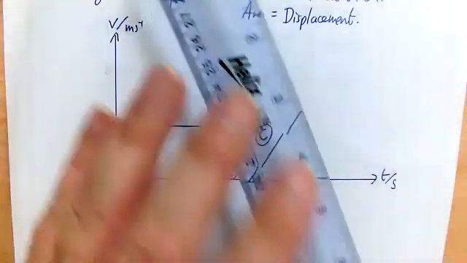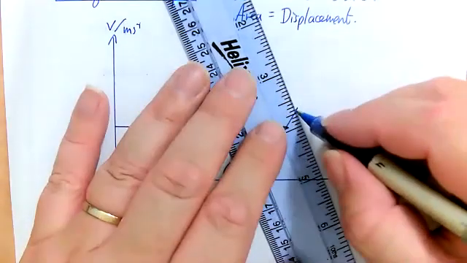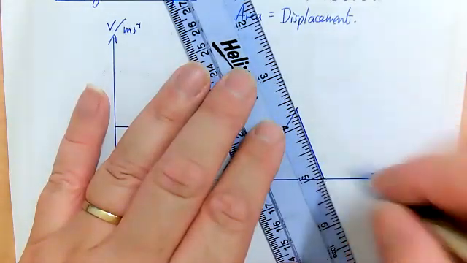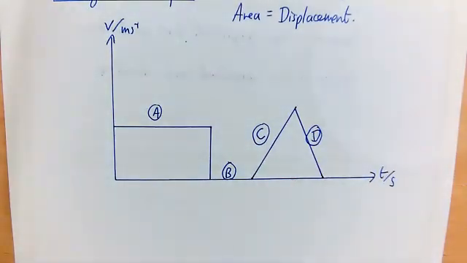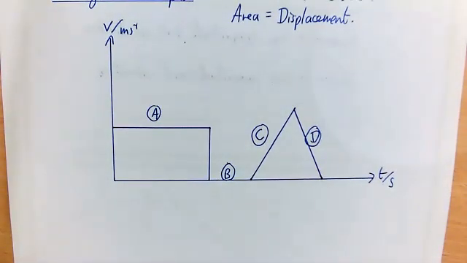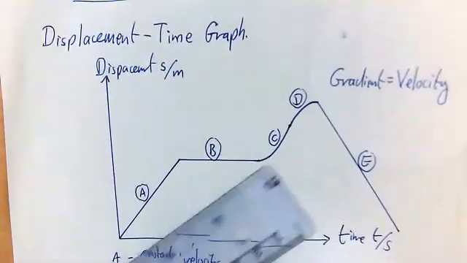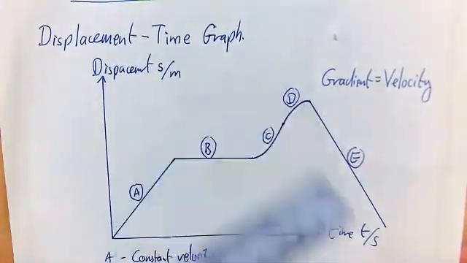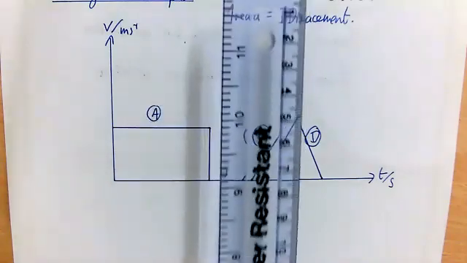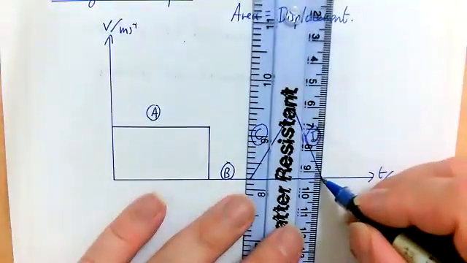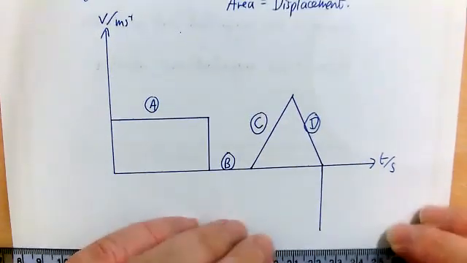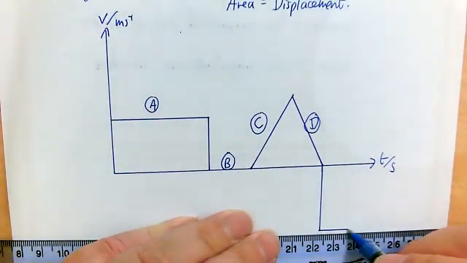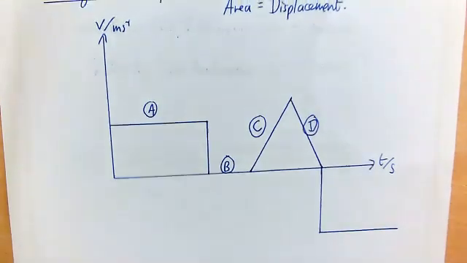So it's decelerating, which is a negative acceleration. Okay. And then part E shows a constant velocity, but negative. So I think it's getting a little bit silly here. It'd be something like that. Okay.